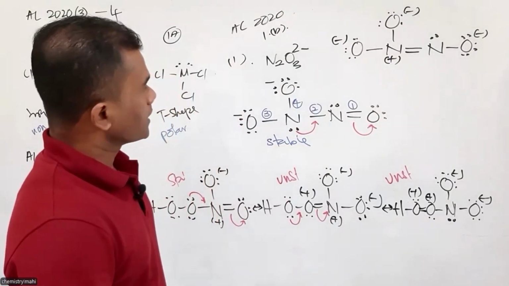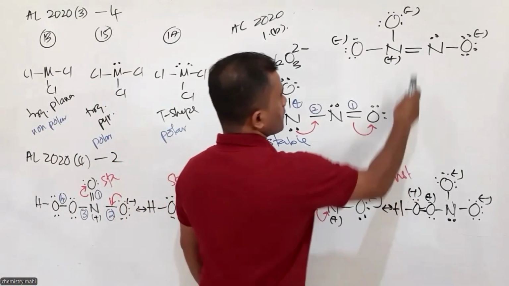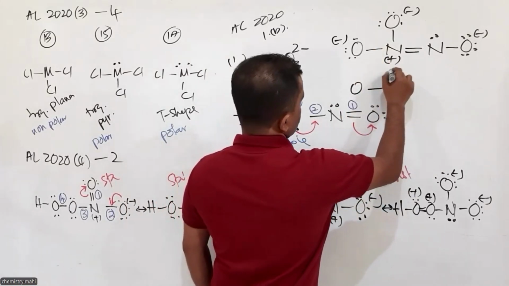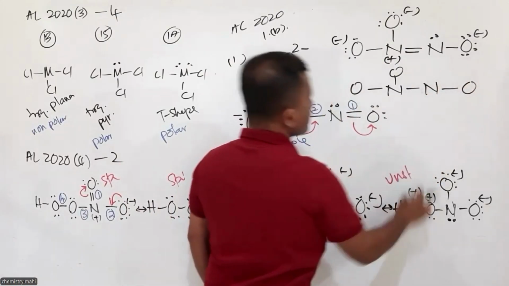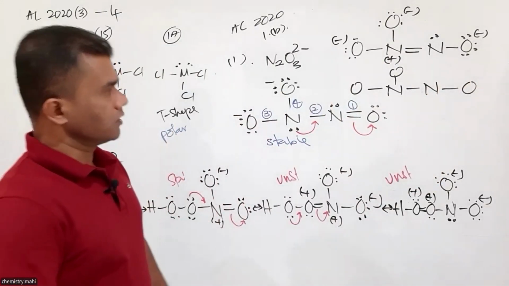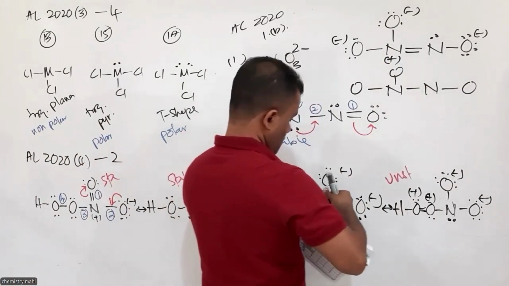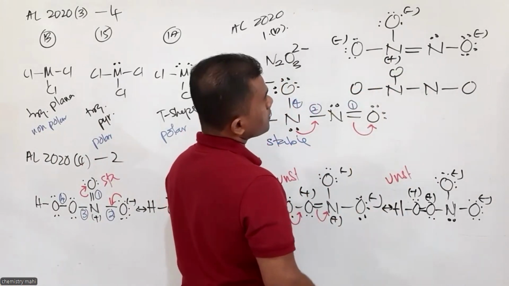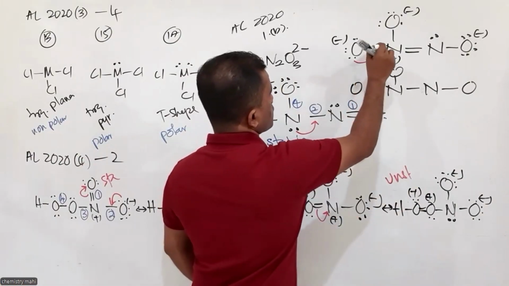Thereafter, I draw another structure by taking the double bond to the third place, this one to this one. For that, I keep the skeleton the same: O, this is N, and again O. The position of the double bond should be broken here. Sorry, before that, we have to make the bond. Then this lone pair is donated, making the bond.